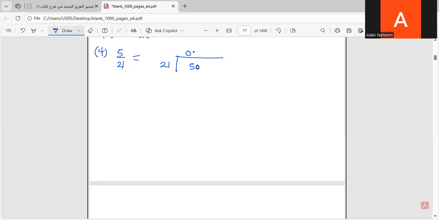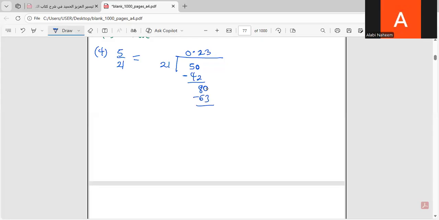That's simply 2. 21 times 2 is 42, because the highest multiple of 21 before 50 is 42. Now you subtract: 50 minus 42, we have 8. 21 in 8, 8 is smaller, so you include 0. 21 in 80 is 3. 21 times 3 is 63.